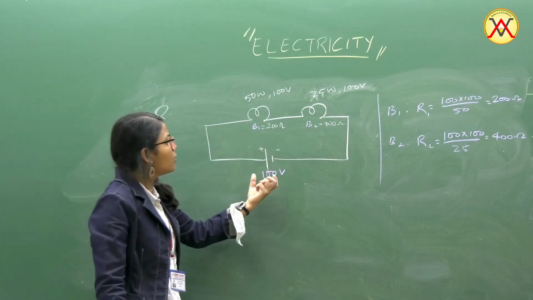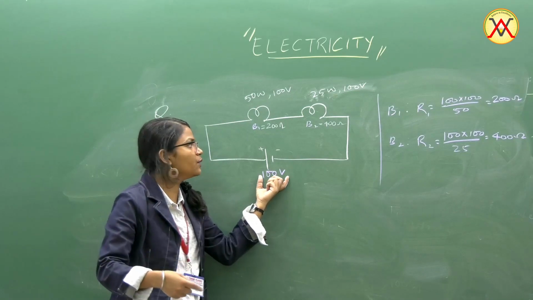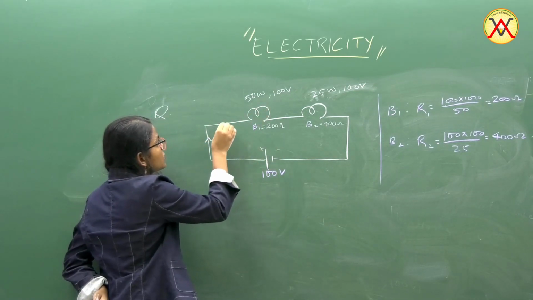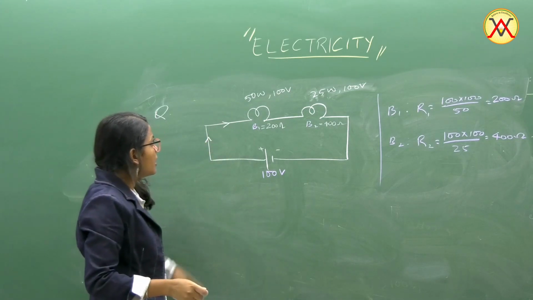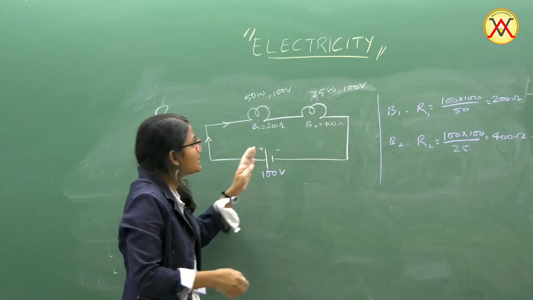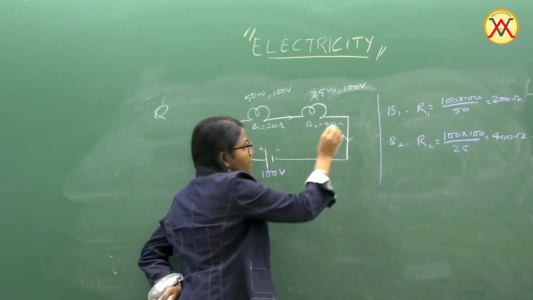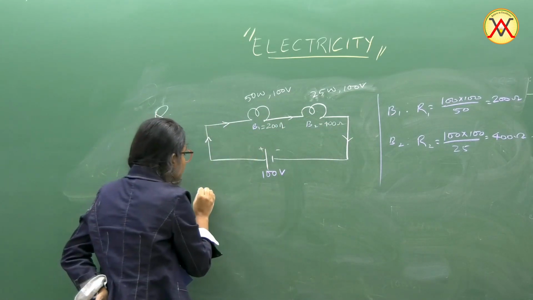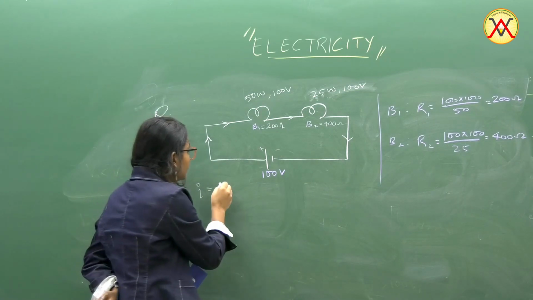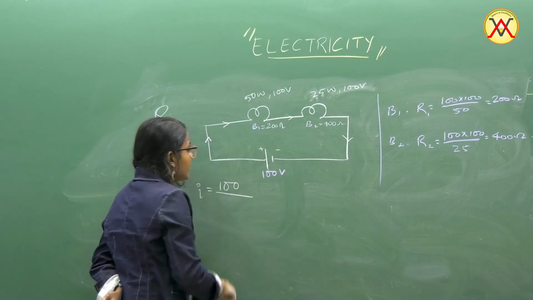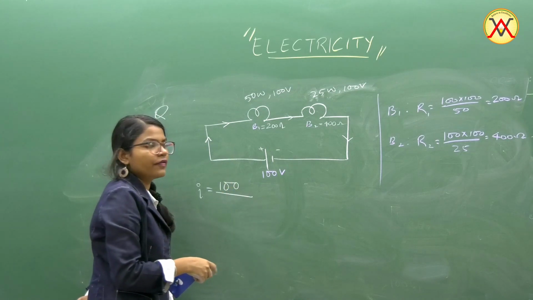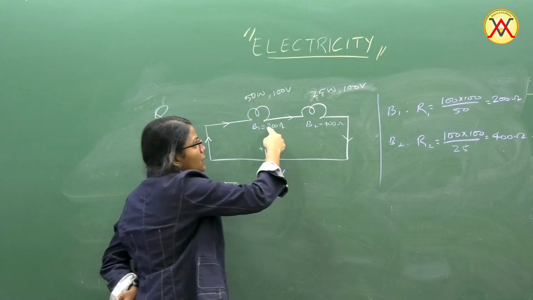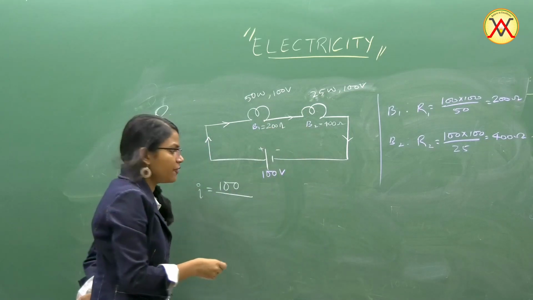If it is applied over a potential difference of 100 volts, since it is a series combination, we know for sure that current flowing through this circuit would be the same, right? Current equals potential difference divided by R equivalent. For series combination, R equivalent would be R1 plus R2, 200 plus 400.